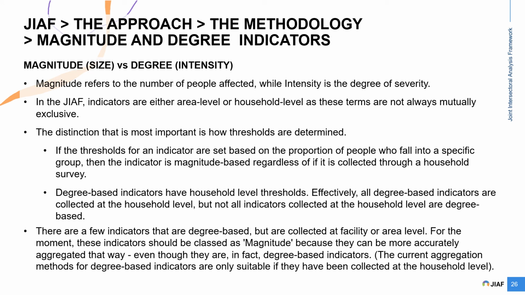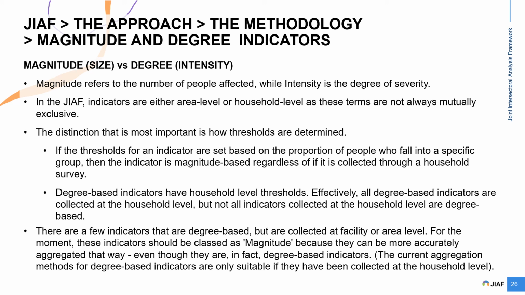If the threshold for an indicator is based on the proportion of people who fall into a specific group, then the indicator is magnitude-based, regardless of how it was collected, even if it was collected through a household survey. On the other hand, degree-based indicators have household-level thresholds.